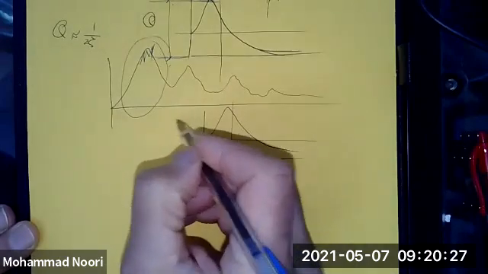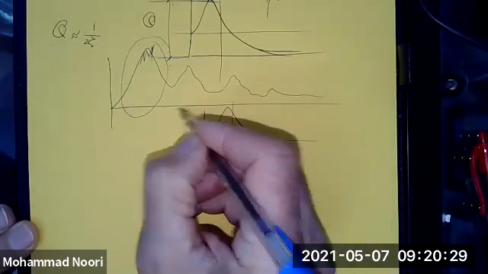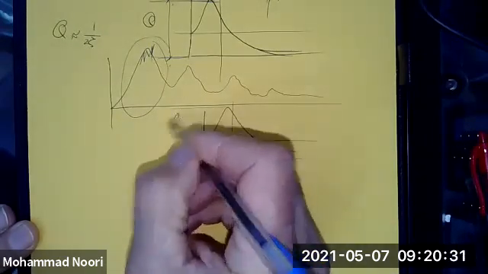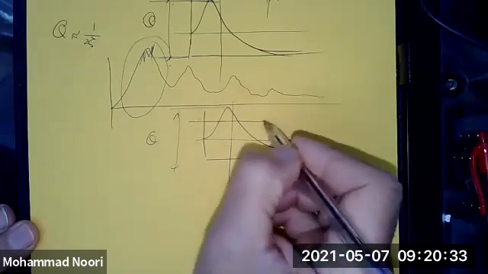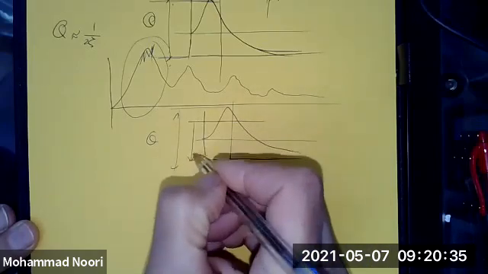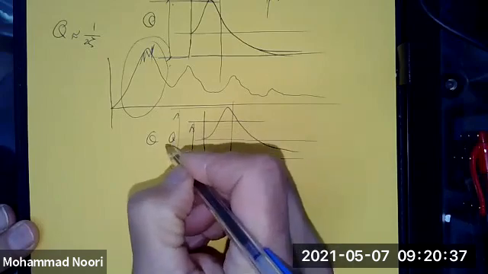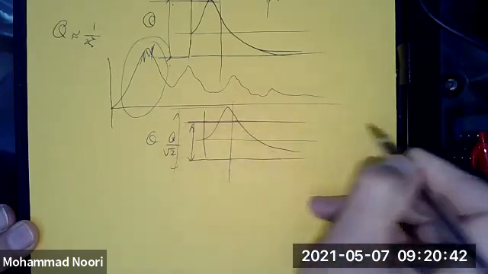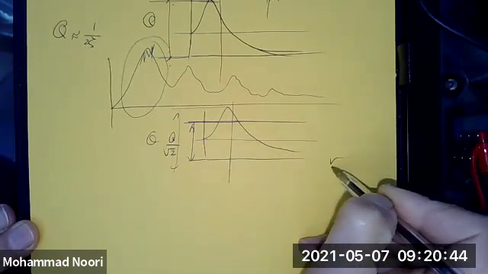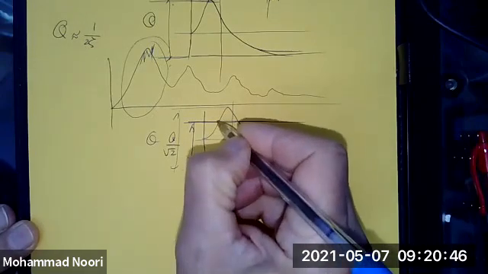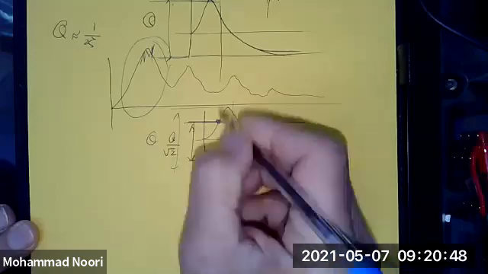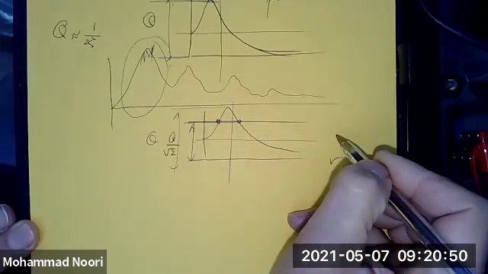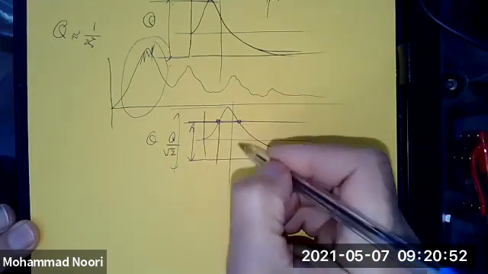If you approximately find that Q, you consider a value of Q over the square root of 2. You draw a line parallel to the r axis, or the frequency axis. This will intersect with the frequency response function at 2 points.